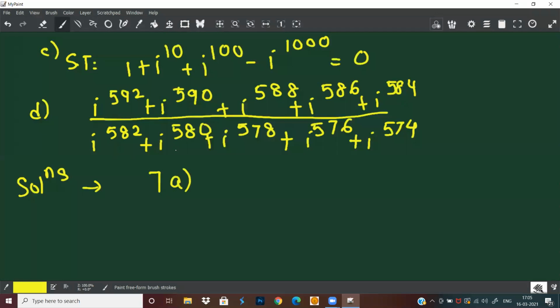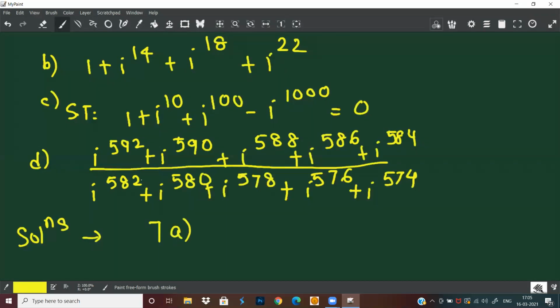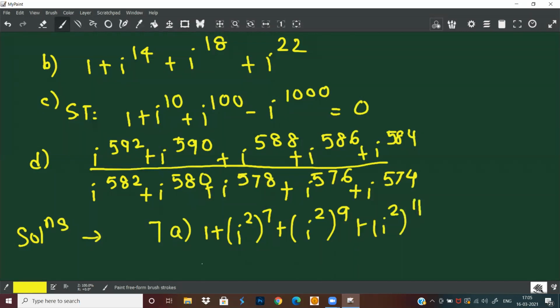Let me check the sum. I raised to 14 तुम लोग ऐसा भी लिख सकते हैं, ये ऐसा भी लिख सकते हैं, ऐसा भी लिख सकते हैं. I square -1 है.